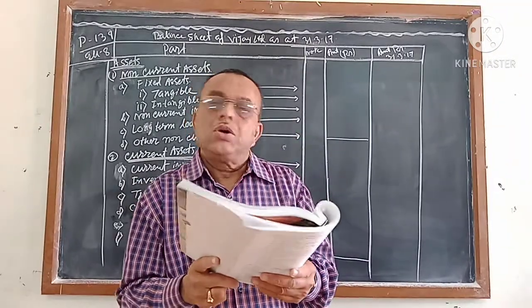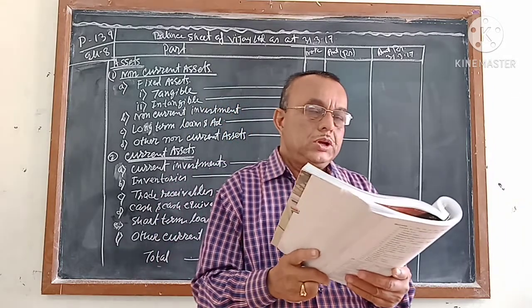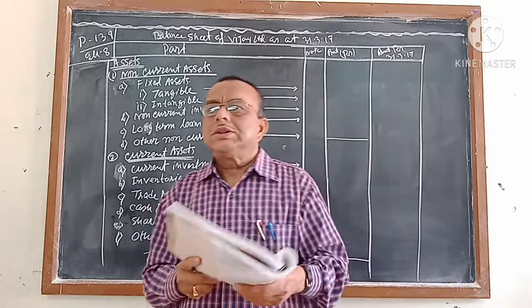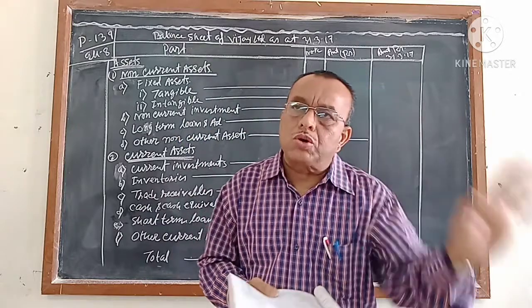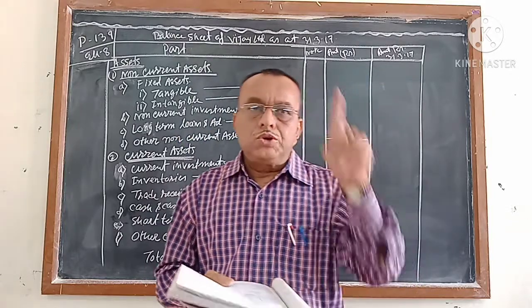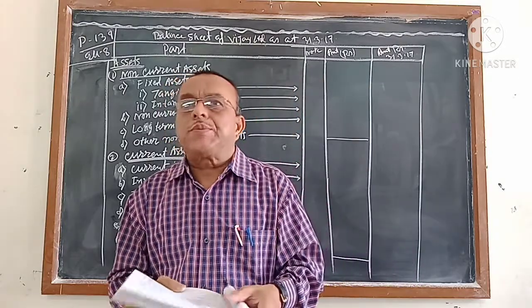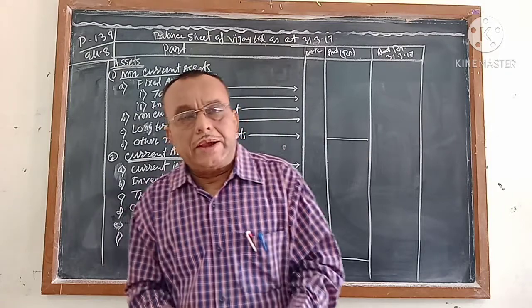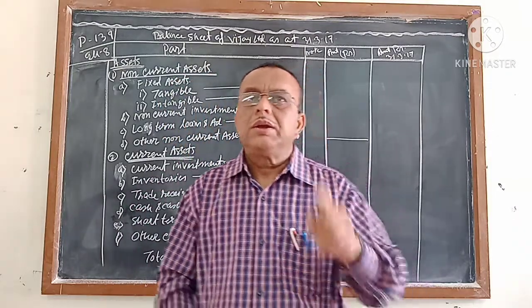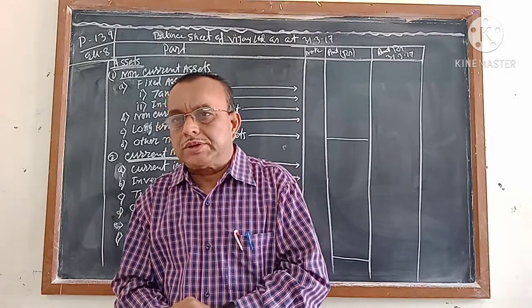You might have seen, all are assets. If all are assets, then we will not draw the liability side format. Which format will we draw? The asset side format we will draw. And on the asset side, how many items are there? 5 plus 6, 11 items are there.